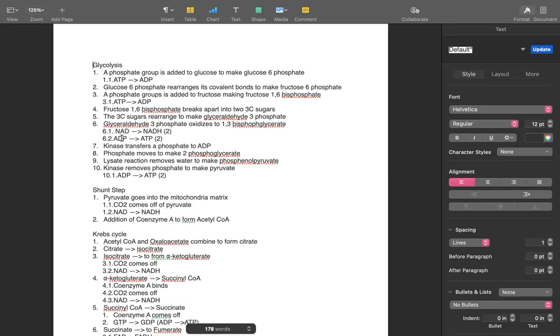And when this happens, remember it's happening in duplicate, NAD is going into NADH, and ADP is going into ATP. This is happening when glyceraldehyde 3-phosphate oxidizes. We're losing a hydrogen and we're losing a phosphate group in duplicate. So it's happening twice.